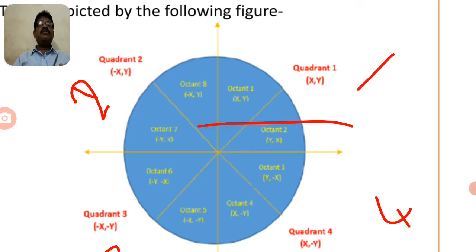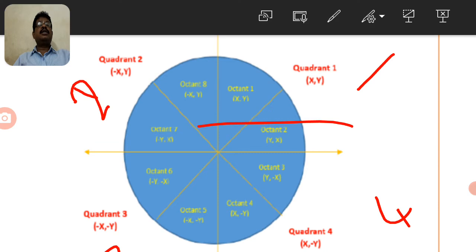In quadrant 1, the values of x comma y are positive. The first quadrant values are x comma y, and in the mirror method, the 2 values are interchanged, so x and y are interchanged. Here the octant 2 values are nothing but y comma x.